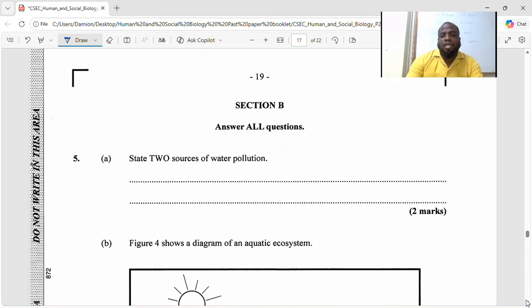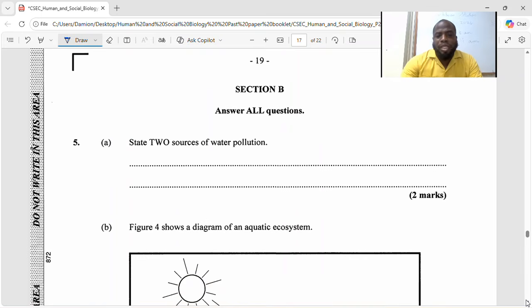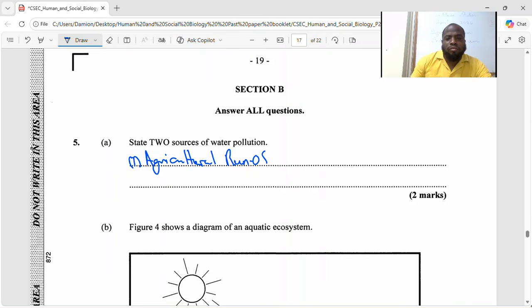Now section D speaks to two sources of water pollution. So water pollution can be caused by agricultural runoff, and we're talking about pesticides, fertilizers.